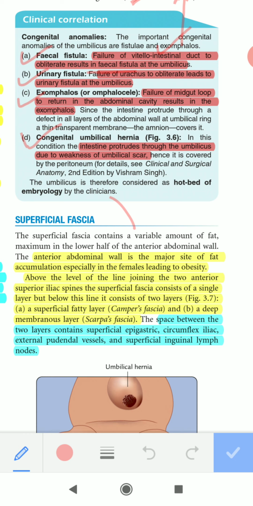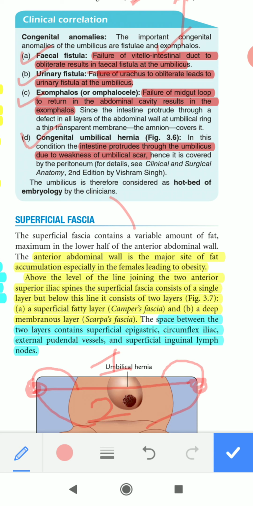That means in the hip bone there are two spines, the anterior superior iliac spines, on the right side and the left side. If we join these anterior superior iliac spines of both sides, the area above the line has only a single layer of superficial fascia, but below the line there are two layers.